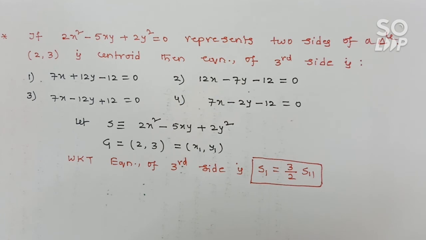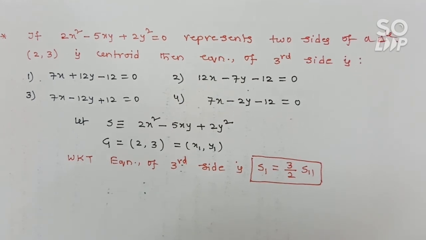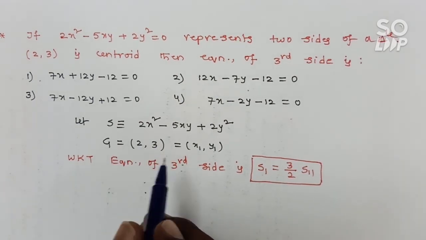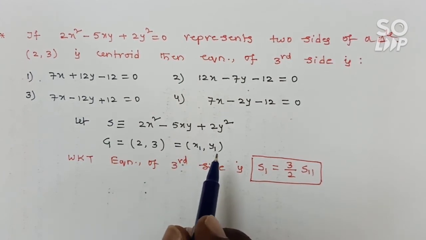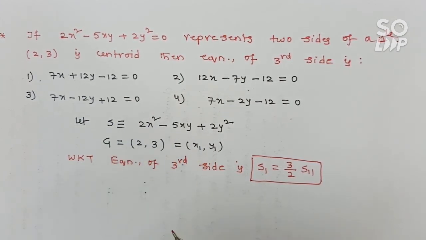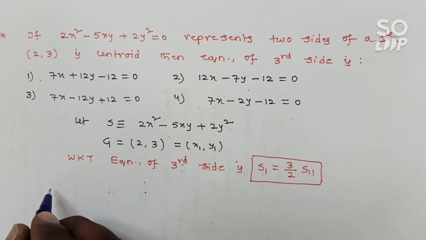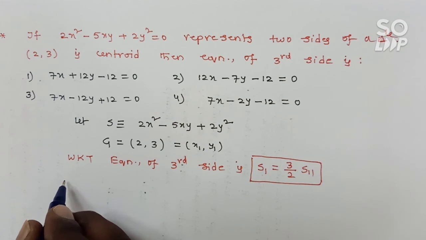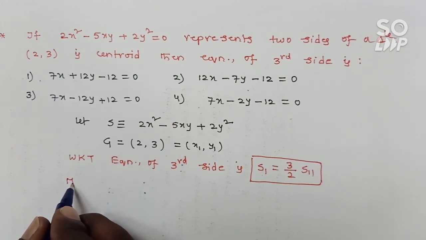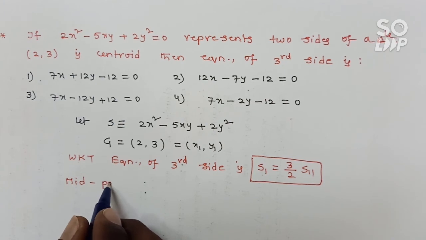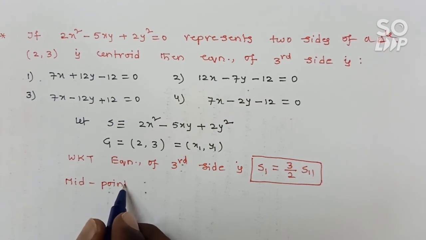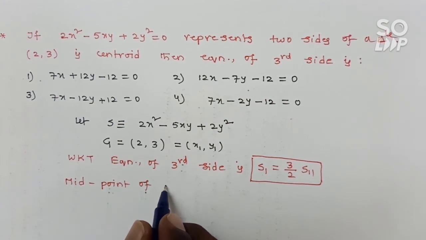Okay. And another method is, when the centroid is given, how to find the midpoint of the third side. See, if the centroid is given, the midpoint of the third side is equal to what?